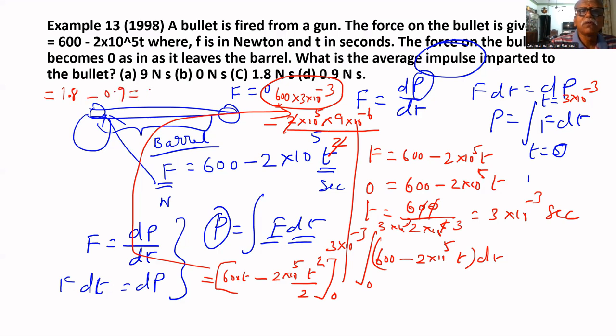That is 1.8 minus 0.9, equal to 0.9 Newton second. Therefore, the average impulse is 0.9 Newton second. Therefore, D is the answer.